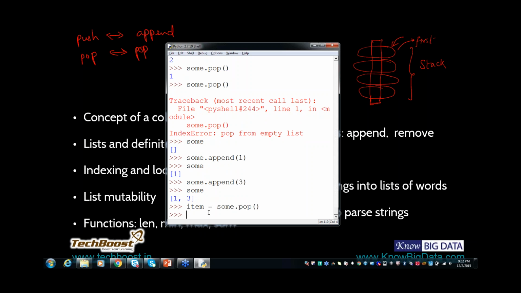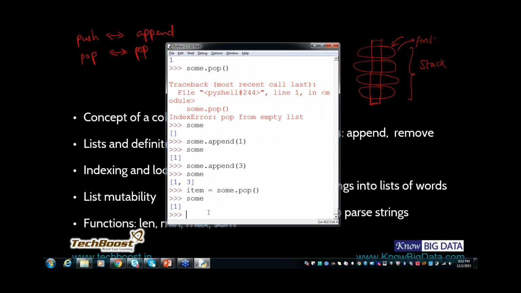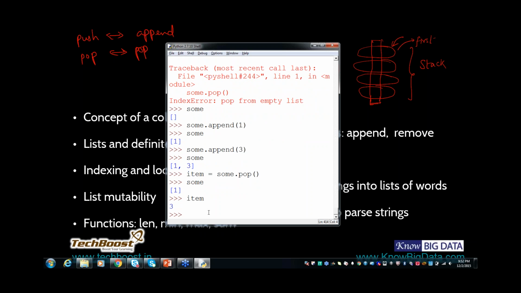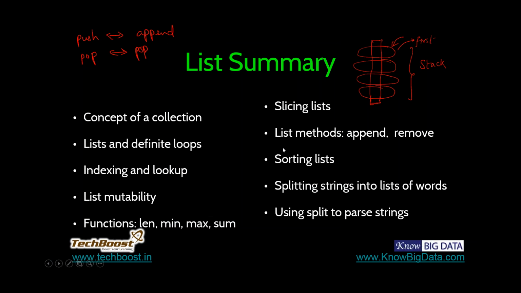So what happened actually is that the item is deleted from the list as well as it is stored in item. Okay, is this clear? Yes. Okay, great. So this is about pop, and I think this is pretty much to discuss on lists. All right.